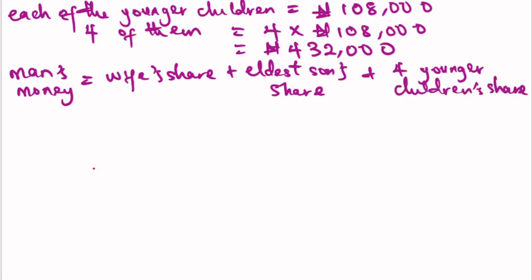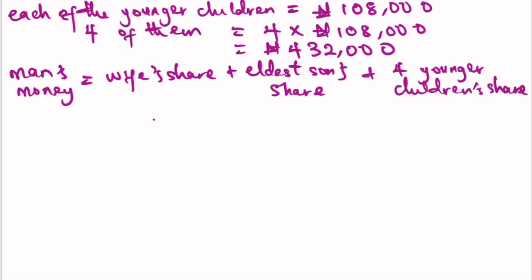Good. So you can relate this to real life experience, whereby the man maybe is dead or not yet dead, but actually wrote a will. So if the wife collects her share, the eldest son has his, the 4 younger children have theirs, how do we calculate the actual man's money? But take note, we're not looking for the man's money, we're looking for the wife's share. But before we can get the wife's share, we actually need to know the man's original money he left behind.